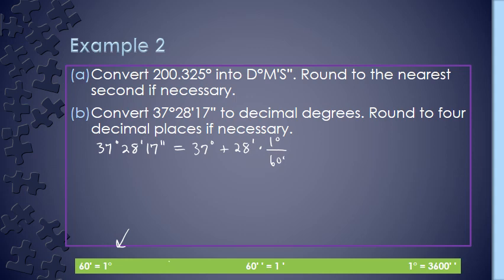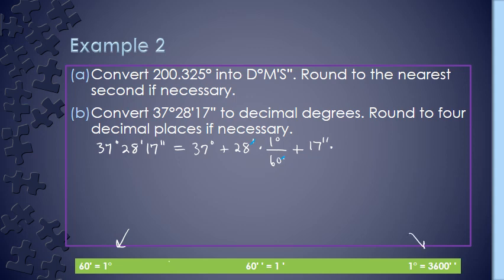And when I go to put this into my calculator, of course, those minutes are going to cancel out, leaving me with just degrees. Now I'm going to do this one a little bit different because I want to get this as accurate as possible, and so I'm going to wait to put this into my calculator until the very end. So you're going to see me add, now I'm going to go to the seconds, and I want to multiply that by something that gets rid of the seconds but gets me degrees.